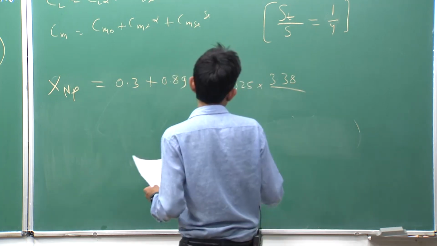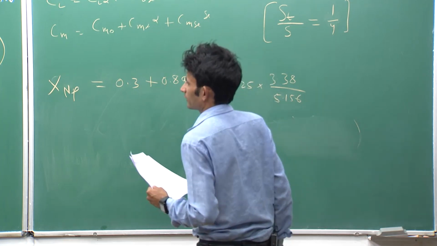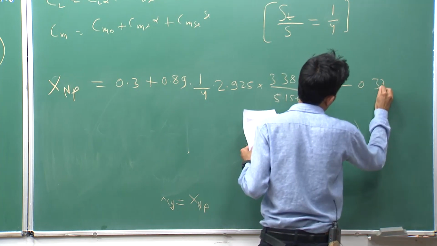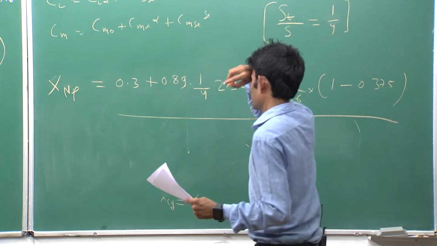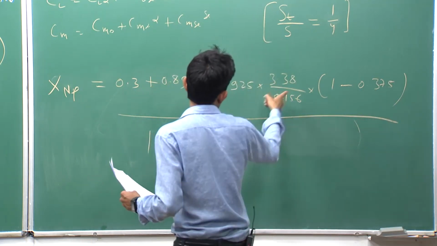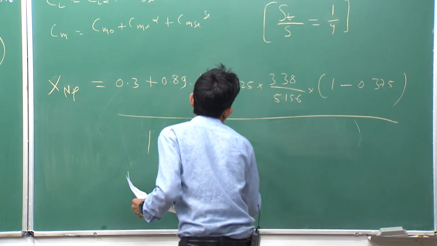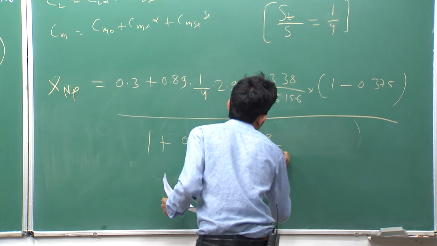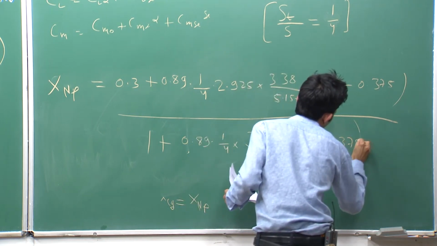CL alpha of the wing is given 5.156, and 1 minus dou epsilon by dou alpha is given 0.375, divided by 1 plus the same thing except CLT: 0.89 into 1/4 into 3.38 divided by 5.156 into 1 minus 0.375.